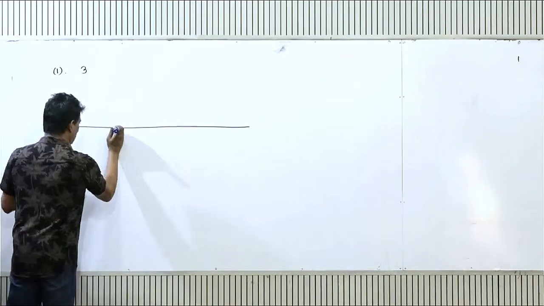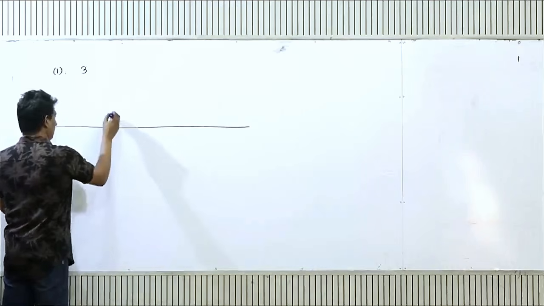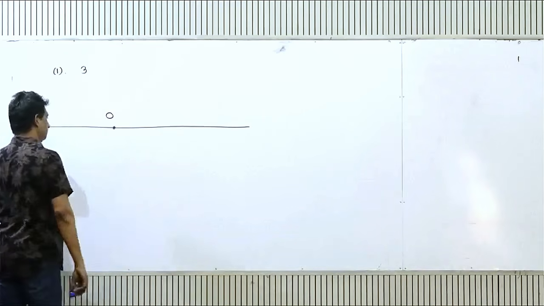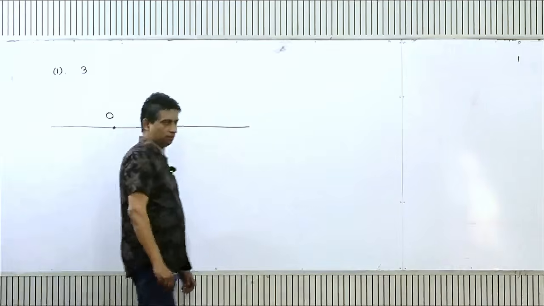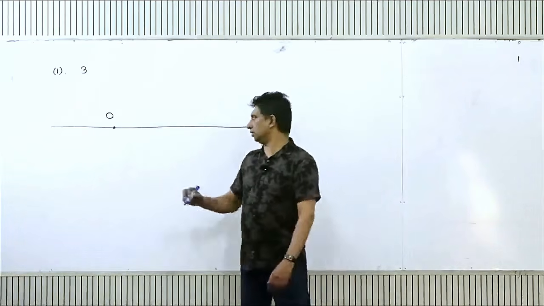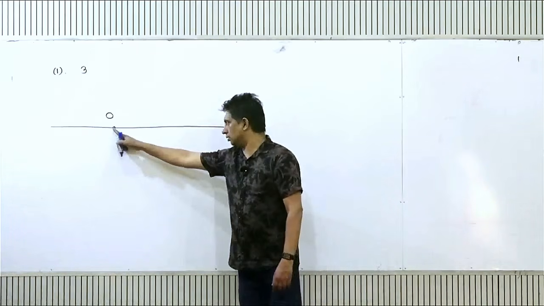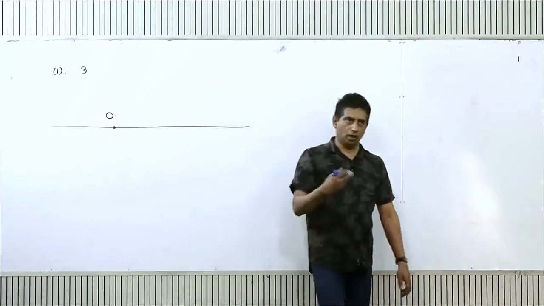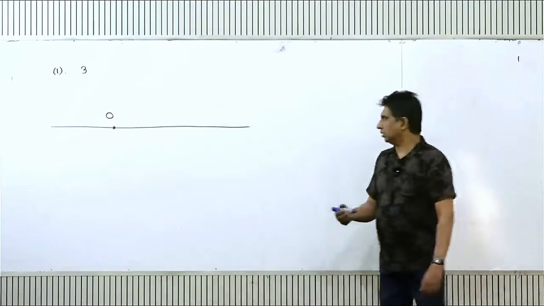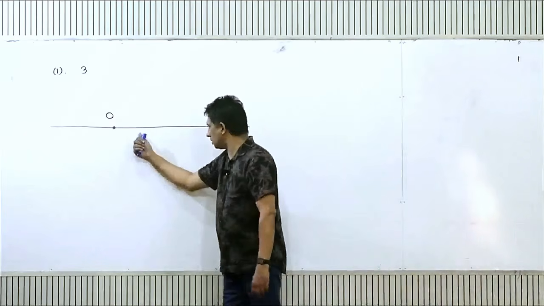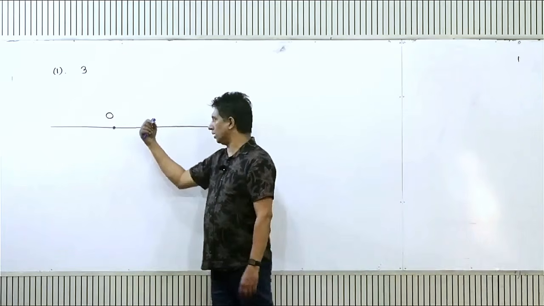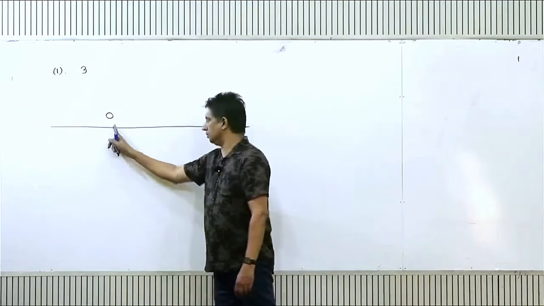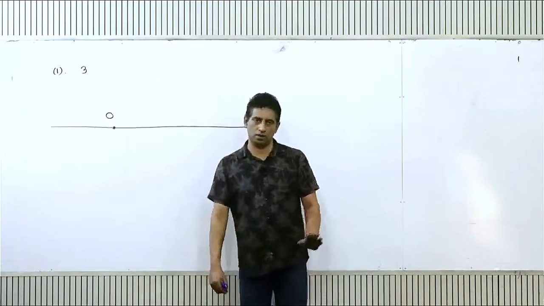Then you have to mark a point on this straight line and draw a small circle around that point, and put 0 here. That means we think this point denotes 0. Then any positive real number should be on the right hand side of this circle. Any negative number should be on the left hand side of this circle. Is it clear?